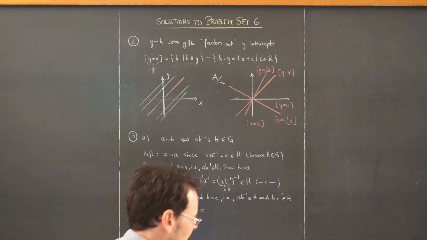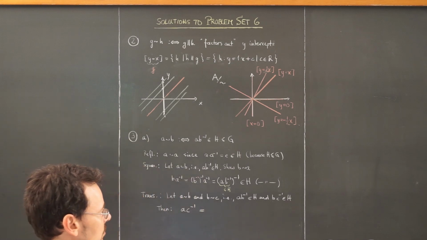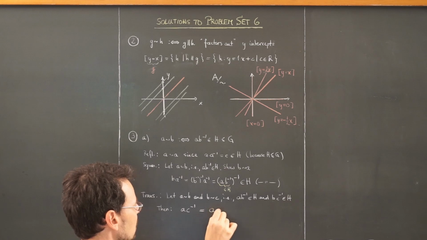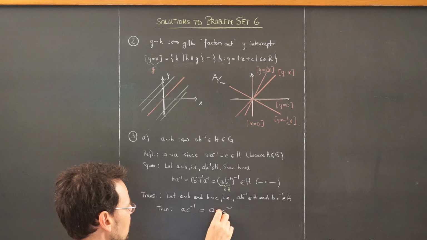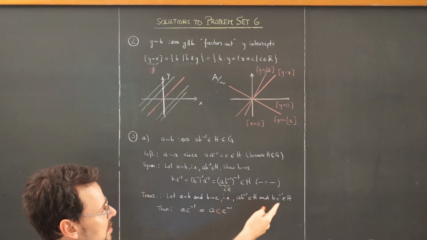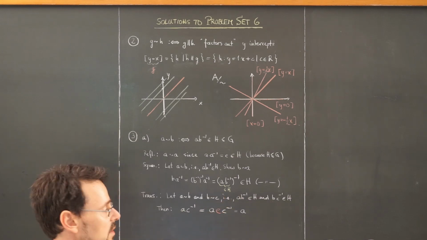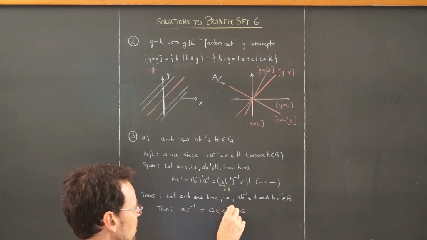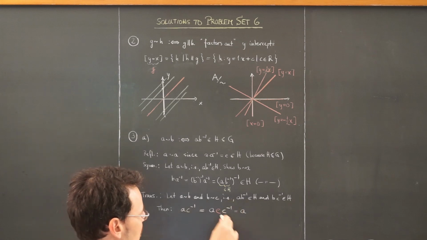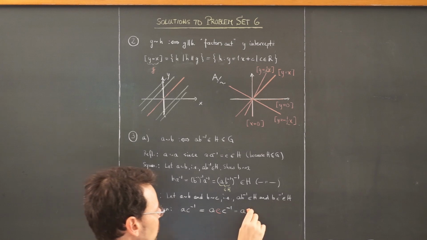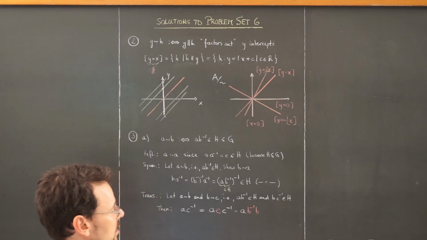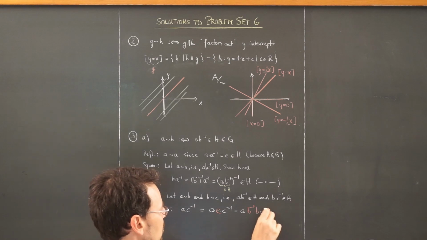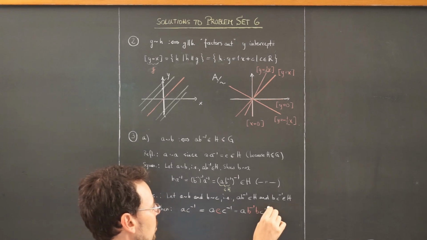Now if you did the exercises of the last few weeks, maybe you are used to trickery like that. We insert the identity here because we need the B somehow. By associativity, I do not need to worry about parentheses, so I can write it like that. And now this identity can be written as B inverse times B times C inverse.